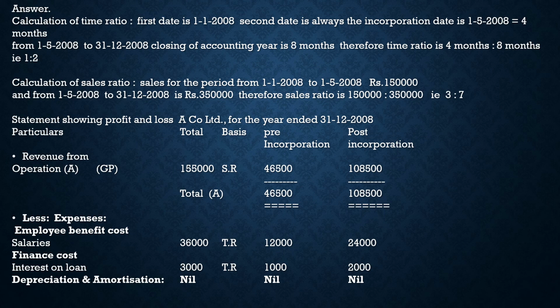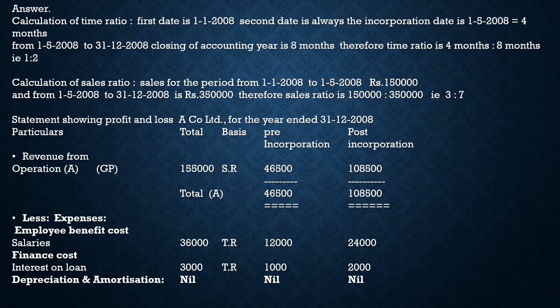The second date, that is the incorporation date, is 1/5/2008. From 1/1 to 1/5 is 4 months time. Then from 1/5 to the accounting year closing date is 8 months time. Therefore 4 months, 8 months, that is 4:8, which is nothing but 1:2. So that will be your time ratio.